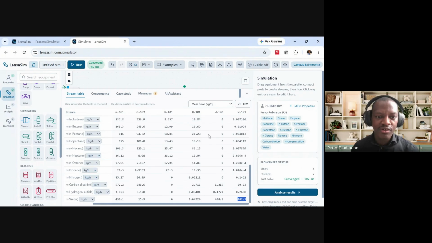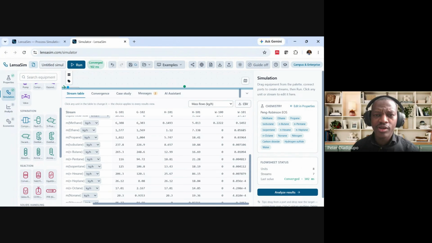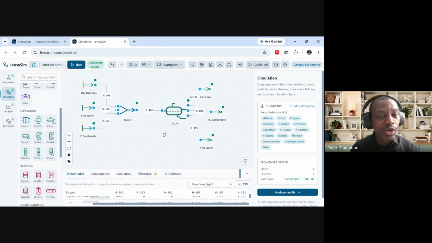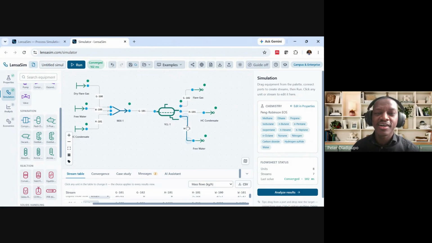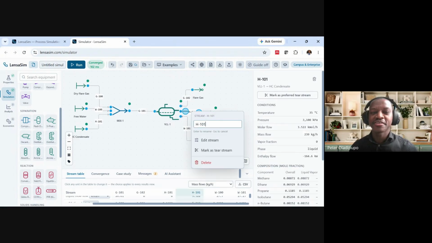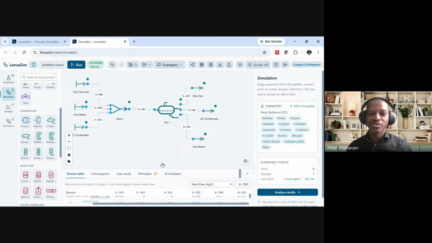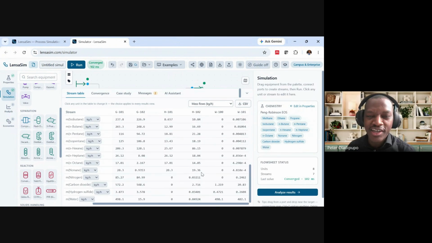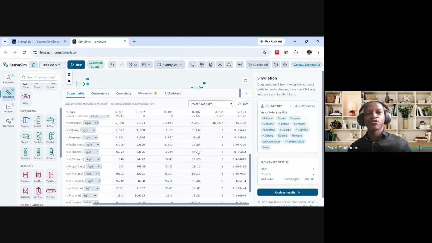Most of them have gone to H101. Oh, we have H101 before, so this should be H102. So H102, as you see, is more representative of what we have in H101. So we found them in H102.